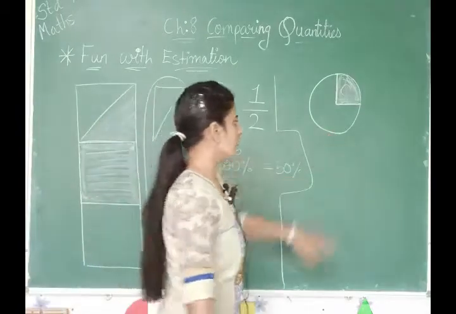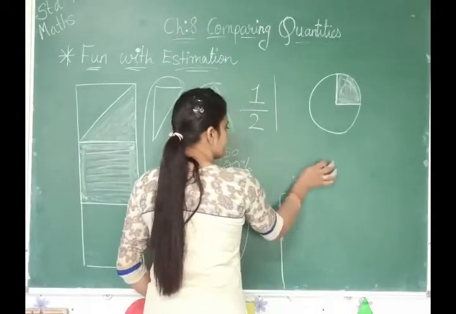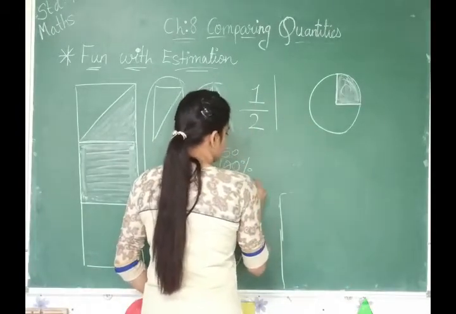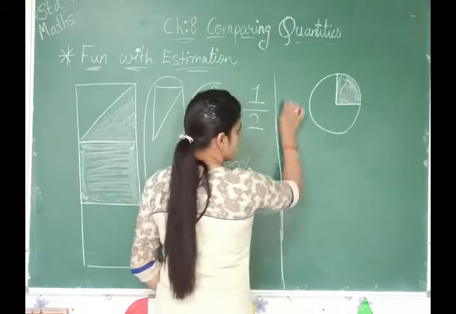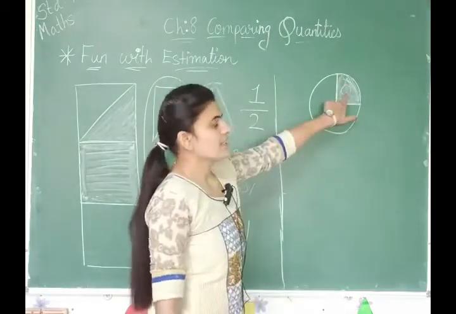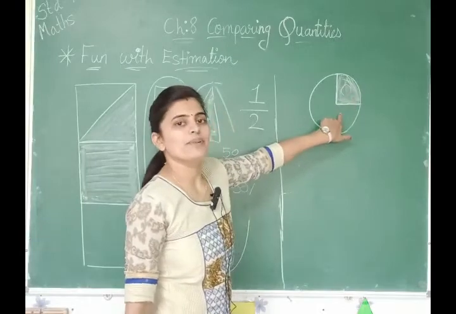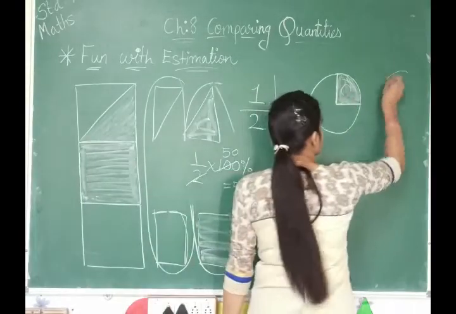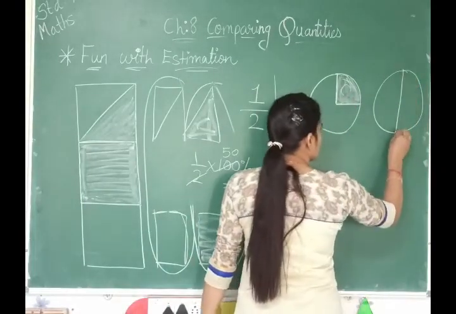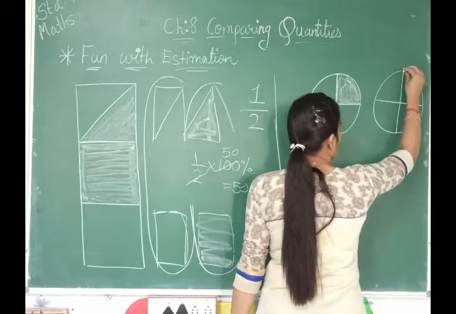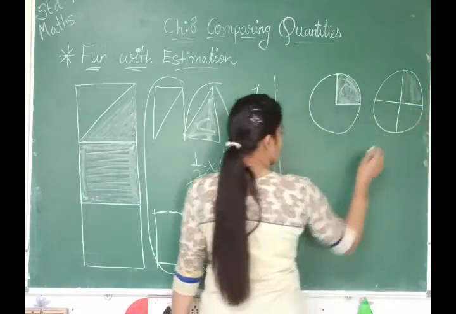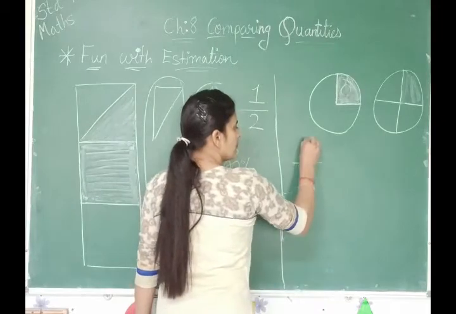Now about this figure. Here you can see this much part is shaded. That means we have to find out first how many total parts are there. So if we make 4 equal parts, then out of that 1 part is shaded. That means out of 4, 1 part is shaded.